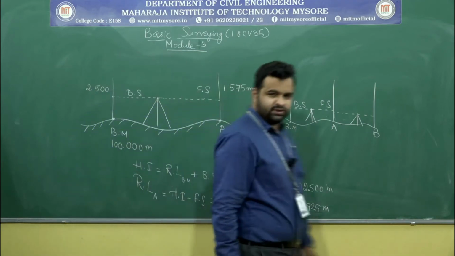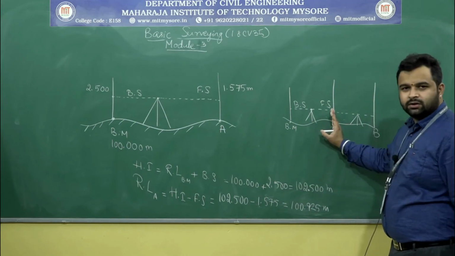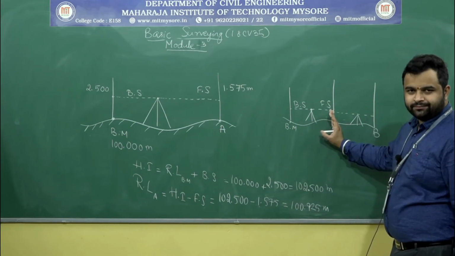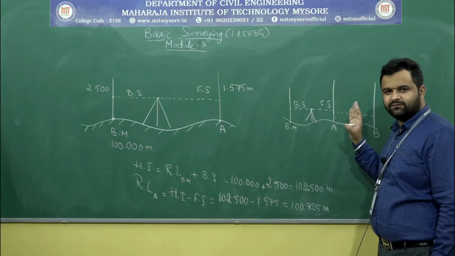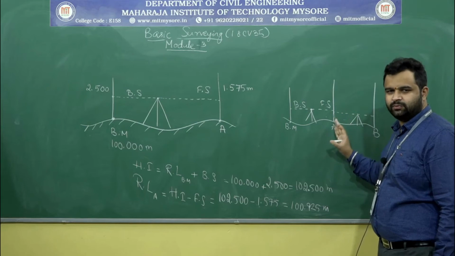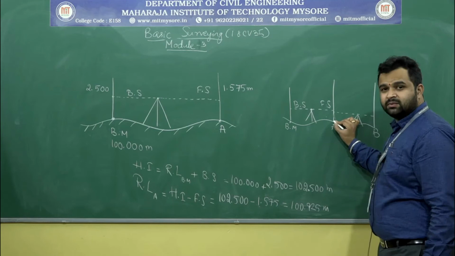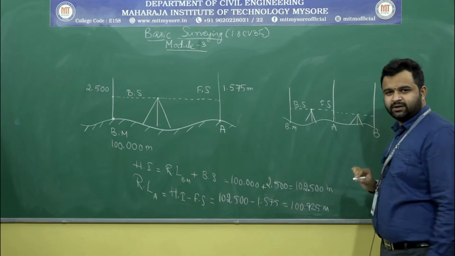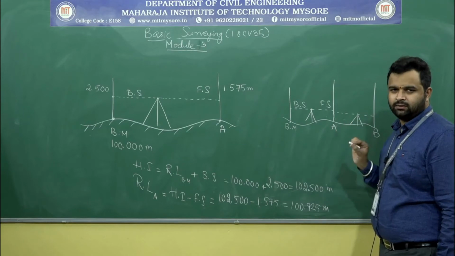Now, when you reach point A and shift the instrument, you should not disturb this point. You should not remove the staff from this point. It should be kept at A, because we need some reference point when we shift the instrument. Without the reference point, we cannot move further.